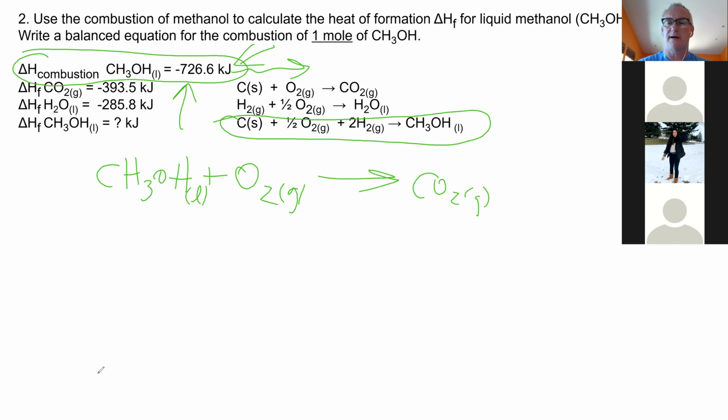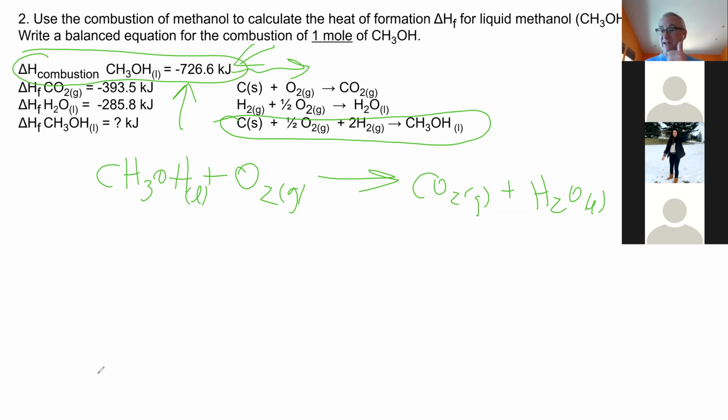And what's my other product? Water? Water, exactly. That's what you usually get when you burn something that has carbon and hydrogen in it, and oxygen for that matter. You get CO2 and you get water if you get complete combustion.